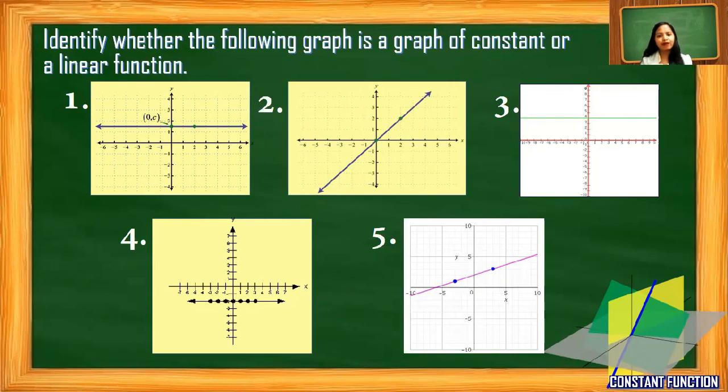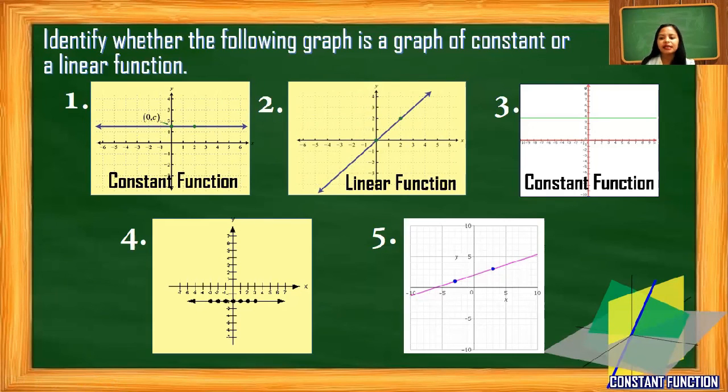Now, let's identify the graph of constant and linear function. Number 1, we have this graph. Is it a constant or linear function? Very good. That is a graph of a constant function. Number 2, very good. That is a graph of a linear function.